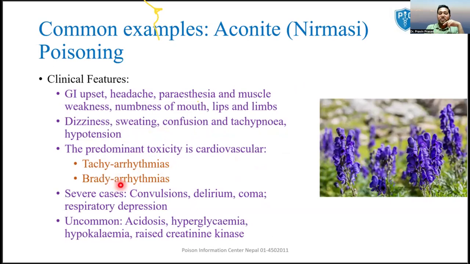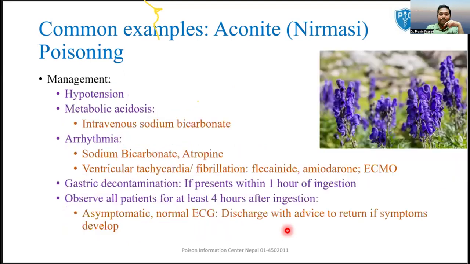It's a very rare presentation, but it is documented. In severe cases, the patient can have CNS involvement, convulsions, delirium, coma, and can also experience respiratory depression. Uncommonly, there have been cases presenting with acidosis, hyperglycemia, hypokalemia, and raised creatine kinase.